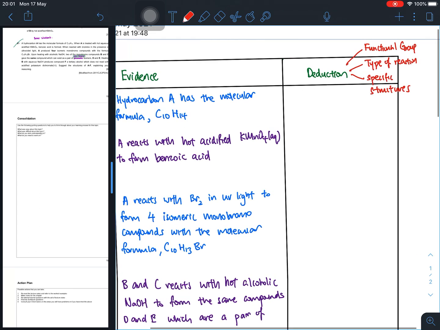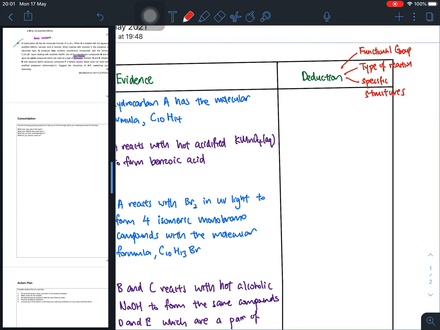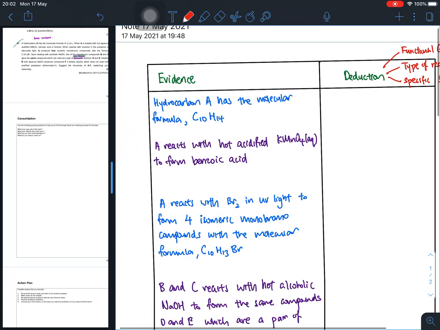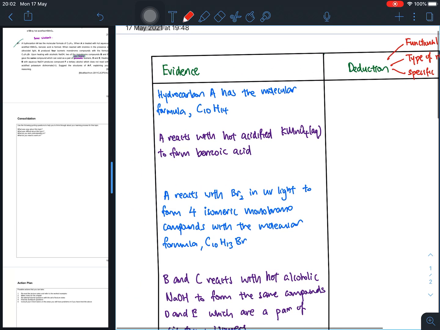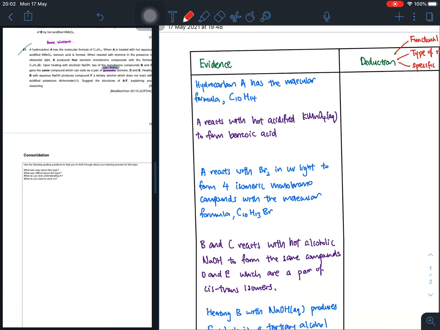An example of specific structures could mean terminal alkenes, in what we have learned in alkenes, when it undergoes oxidation. So I've listed the different statements in the question, and that is shown on the left column on evidence.